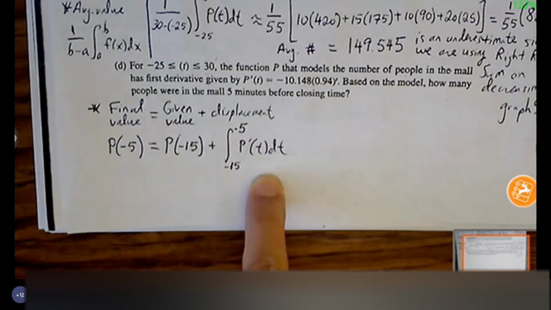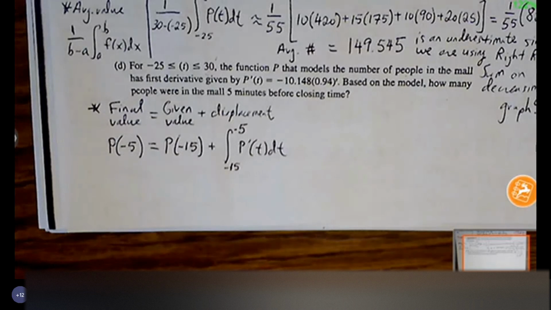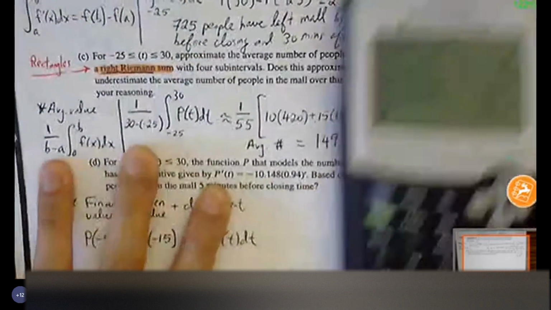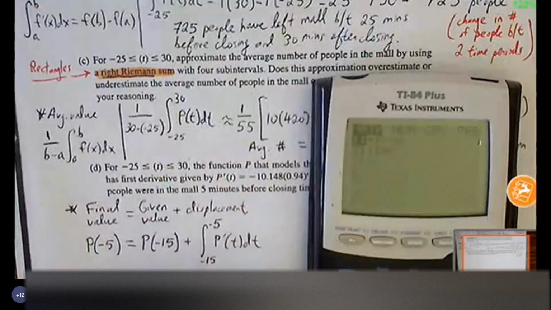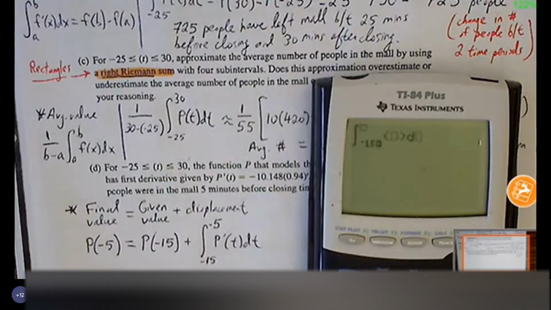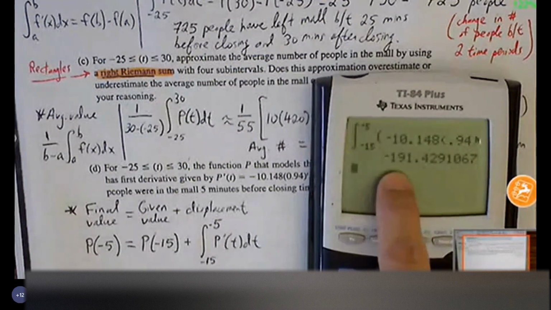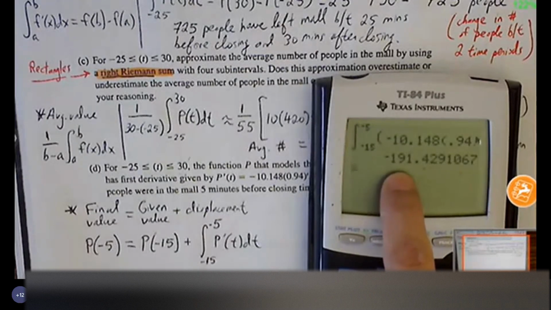Okay, so we just enter this in the calculator. Okay, so we have a total of around 190 people leaving the mall in that 10-minute period.